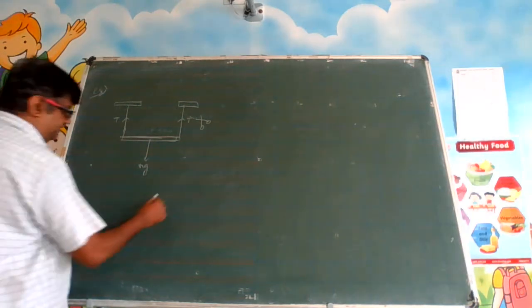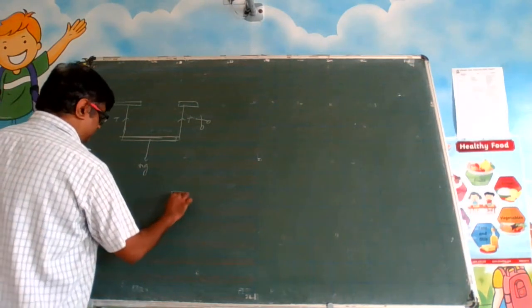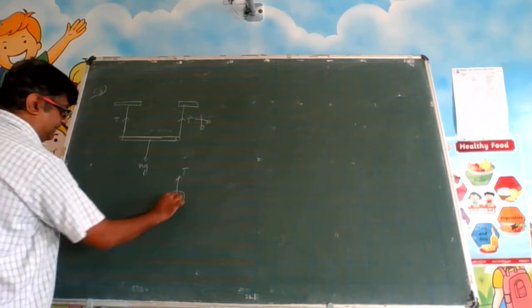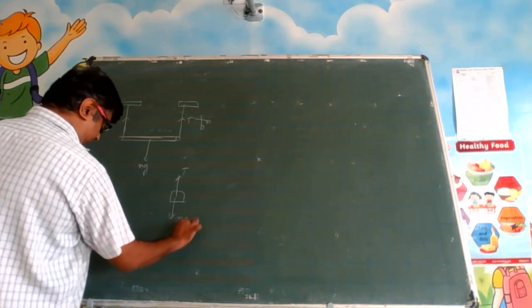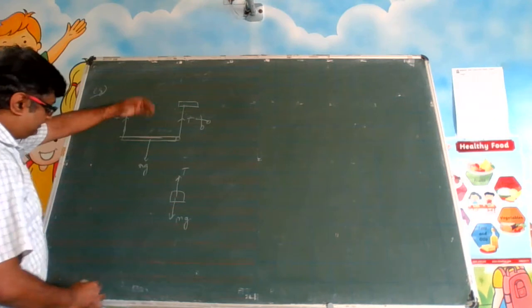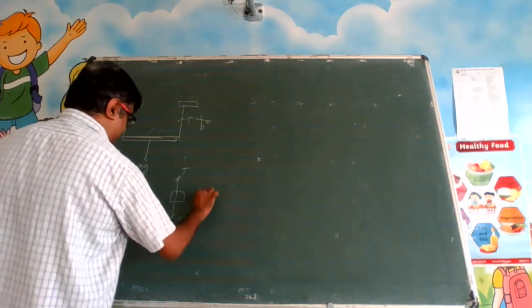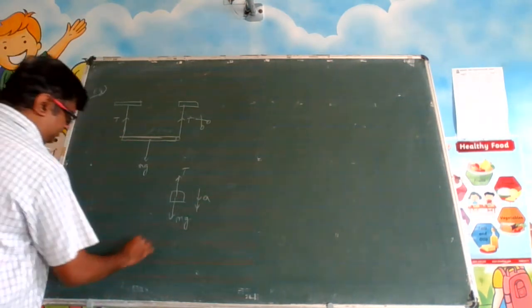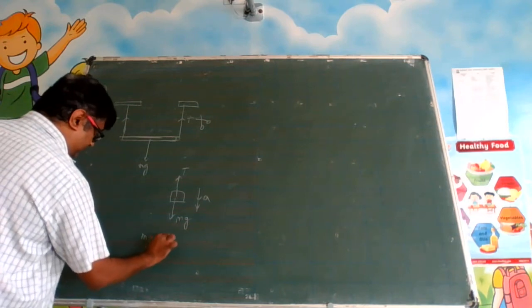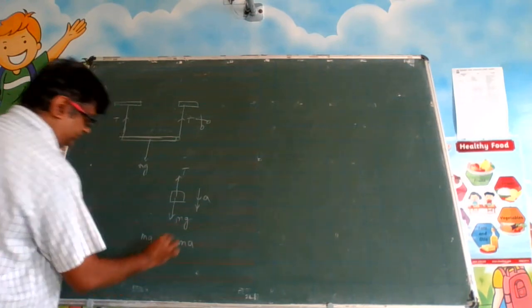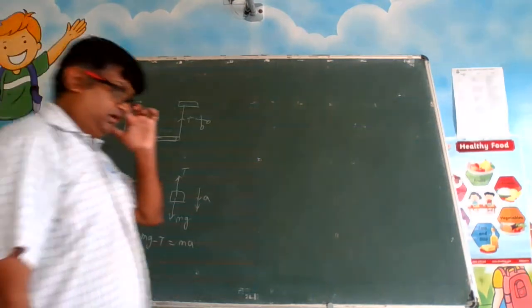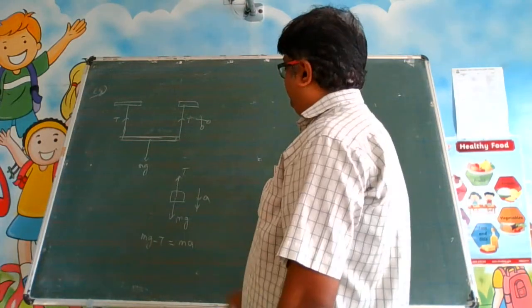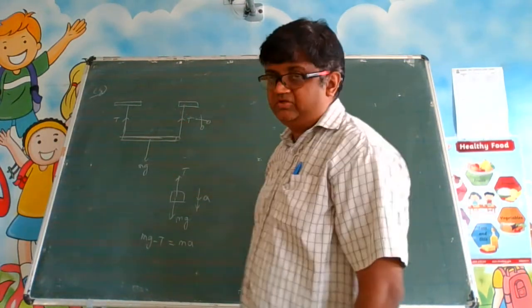If you try to understand the free body diagram, so T will be acting up, mg will be acting down. This whole system will try to move down with some acceleration a. So what is the equation you are getting here? Mg minus T is equal to ma. This is one equation. Now we have just come to know that if you cut it, it will be under a rotational motion.